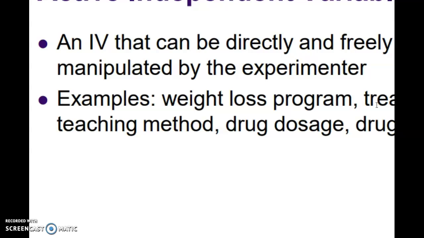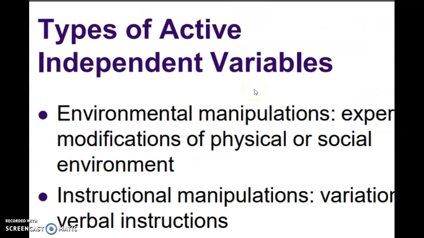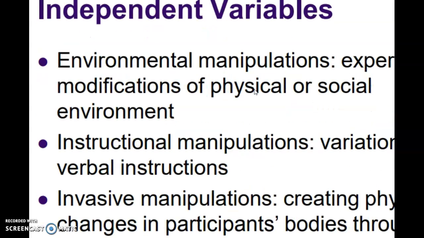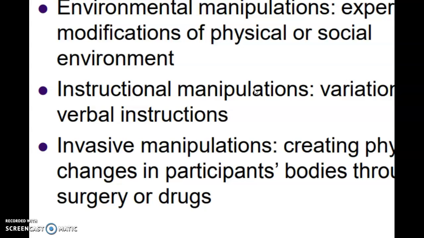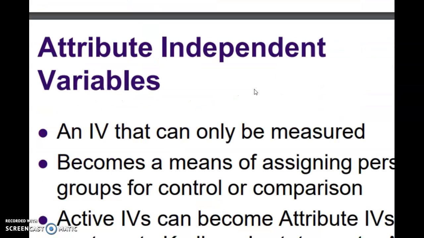Or if we say a specific type of treatment that addresses weight loss, then we could control the dosage or the drug type. And so, active independent variables are the ones that are directly and freely manipulated. There are several types of active independent variables that we have here, and you can look at those.